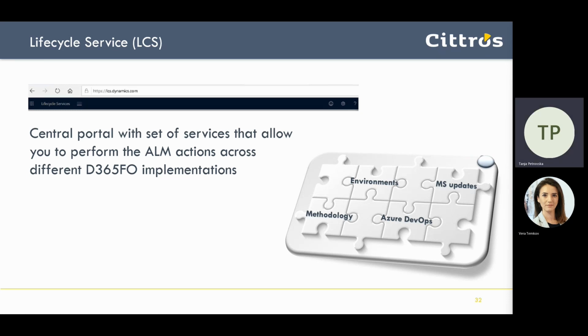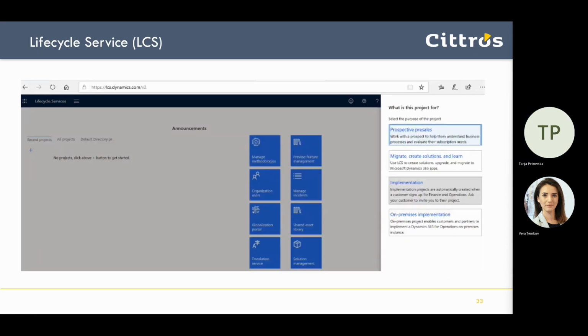One of those pieces is also the methodology which your project will be based on. When you create a project for your D365 F&O implementation, you start by selecting the purpose of the project.